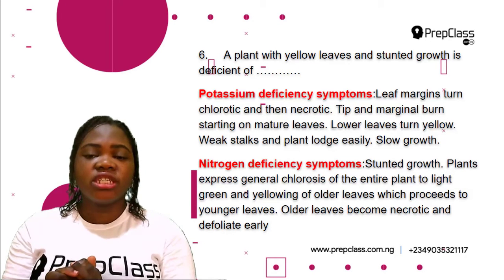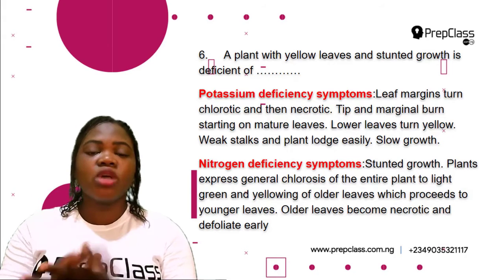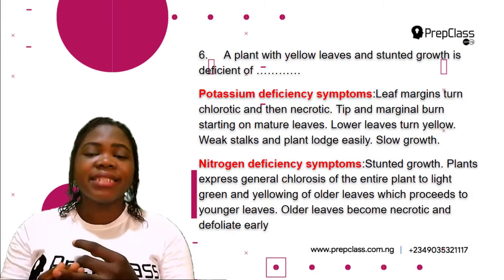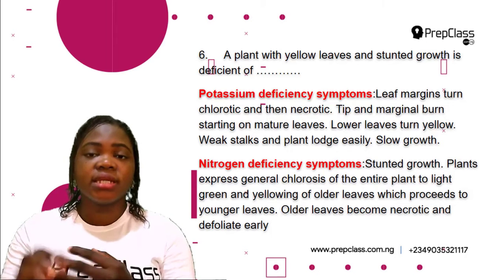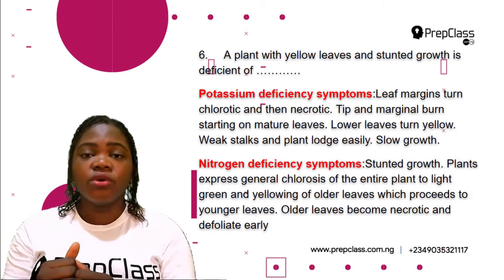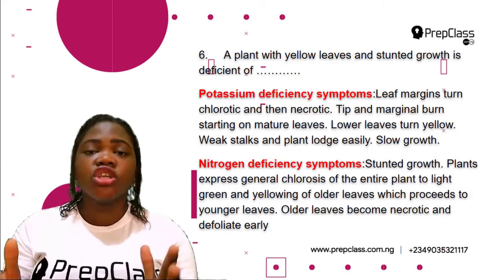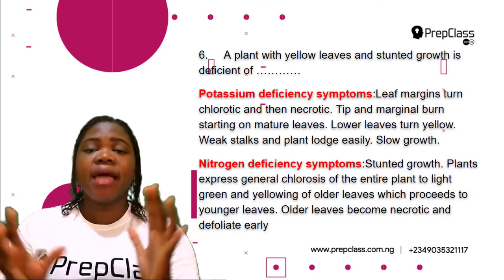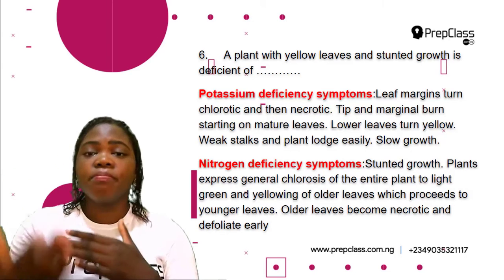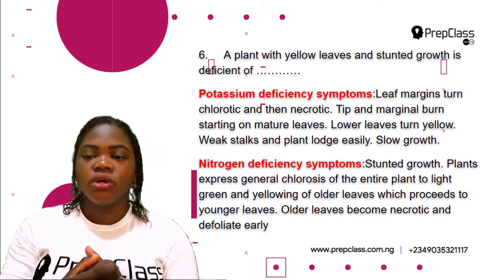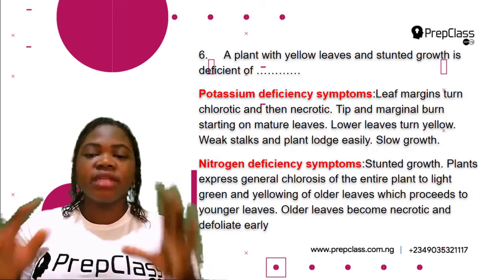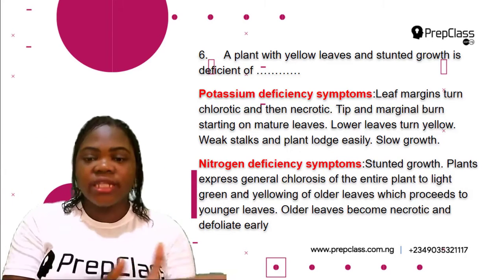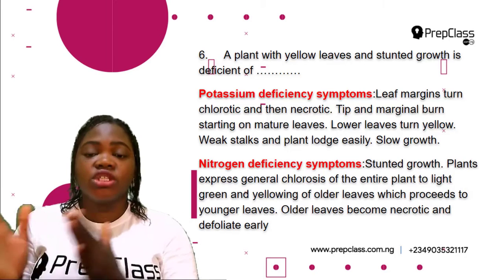What about nitrogen deficiency? What are the symptoms of nitrogen deficiency? Stunted growth. Plants express general chlorosis. Remember, I told you the meaning of chlorosis. Chlorosis is a condition whereby plants cannot produce sufficient chlorophyll, thereby the plants turn pale or yellow in color. So the plants express general chlorosis of the entire plant to light green and yellowing of older leaves, which proceeds to the younger leaves.